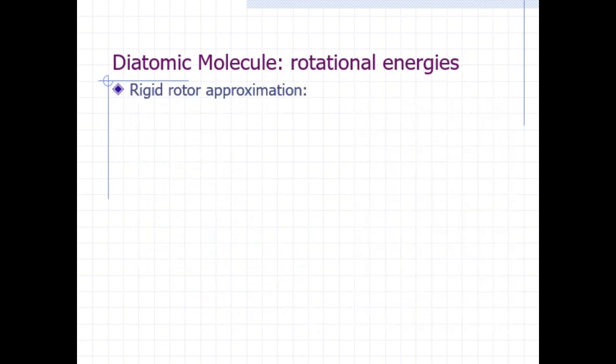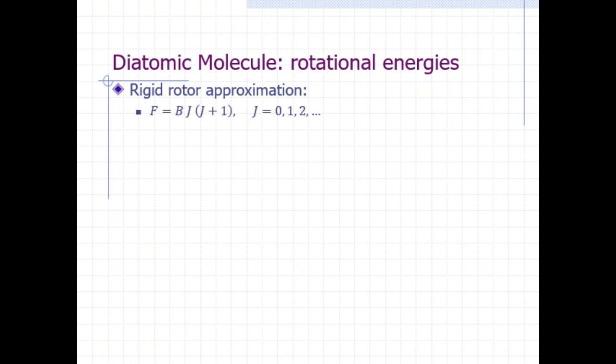The formula for rigid rotor energies is a good starting point for approximating the allowed rotational energies of a diatomic molecule. Recall that the allowed energies are given by rotational constant B times J(J plus 1), where the quantum number J is a non-negative integer.